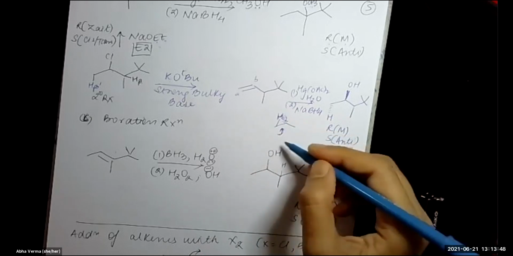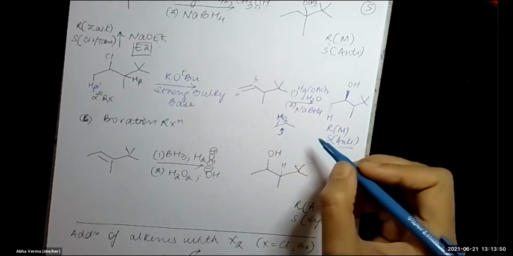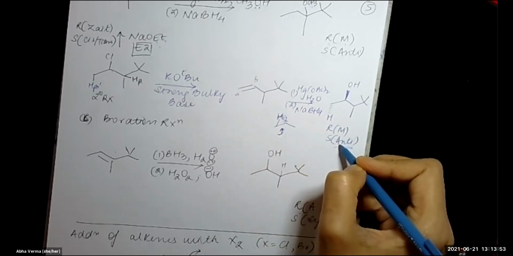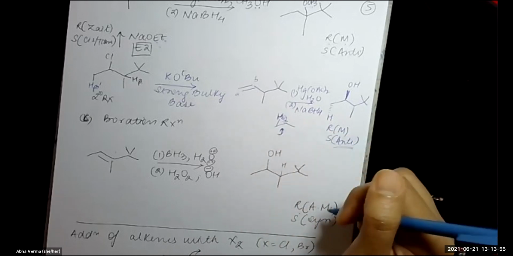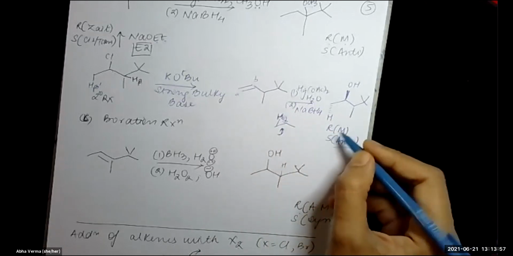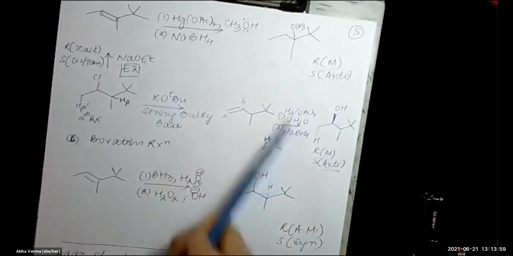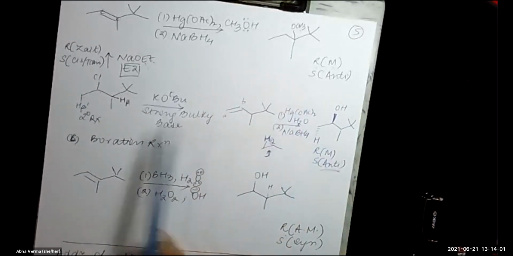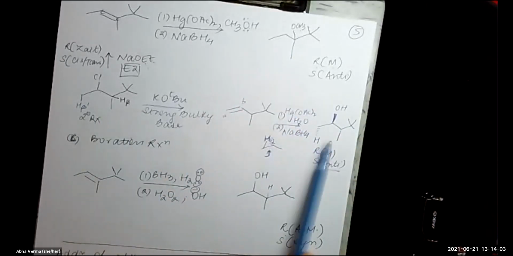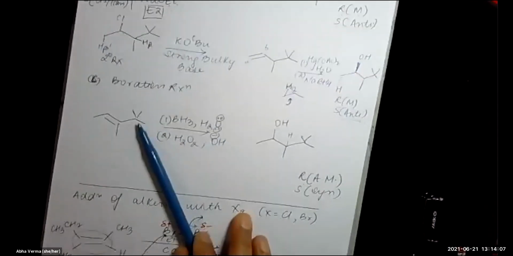So this is all that this anti indicates to us. The stereochemistry is anti. Any questions so far? So look at the differences of these two structures. So this is a two-step synthesis. This is also a two-step synthesis.